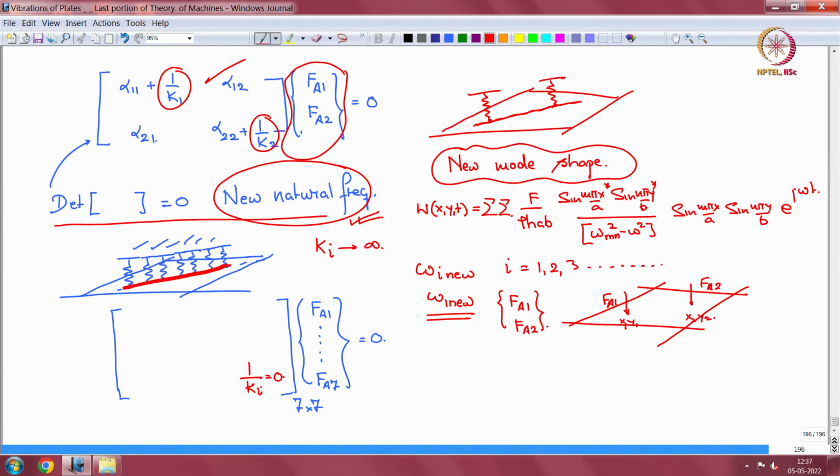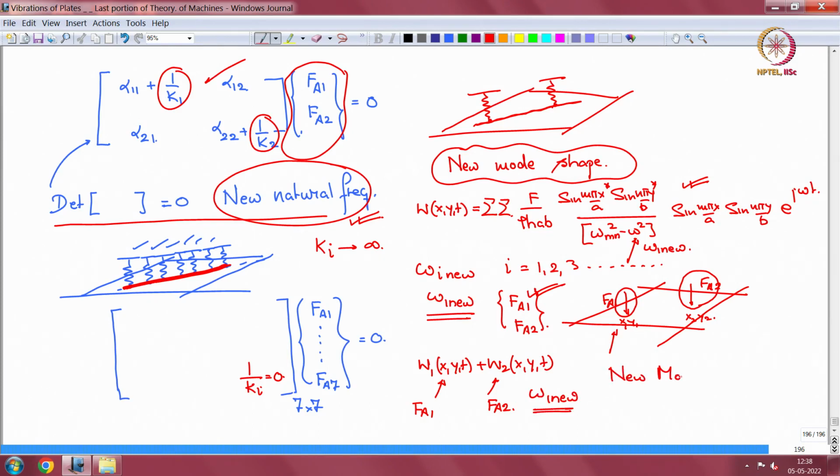If I substitute omega 1 new here and find the response of the plate to a force FA1 at x1, and add it to the response due to FA2 at x2 y2, W1 x comma y comma t plus W2 x comma y comma t, this is the response due to FA1, this is the response due to FA2, at omega 1 new, and that is the new mode shape.